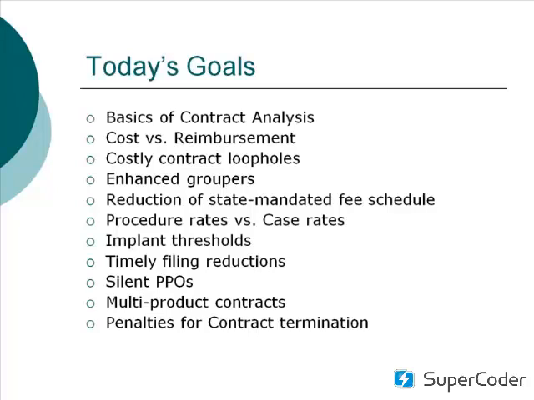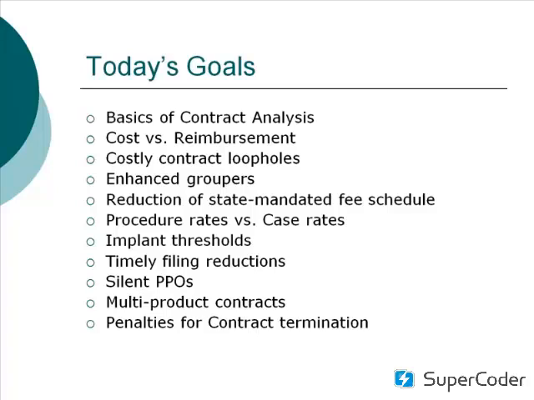I want to talk about the reduction of state-mandated fee schedules. An example of that would be the state of Michigan. The state of Michigan has a state-mandated workers' compensation fee schedule. Often, commercial payers will add riders to your contracts that will include auto and work comp. And so they'll feed those contract benefits that you've agreed to with a particular commercial payer to auto payers and to your workers' compensation payers.